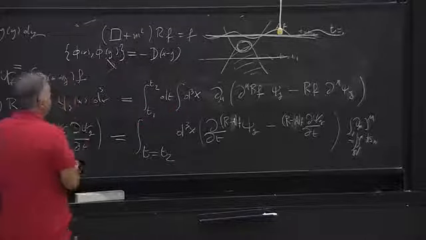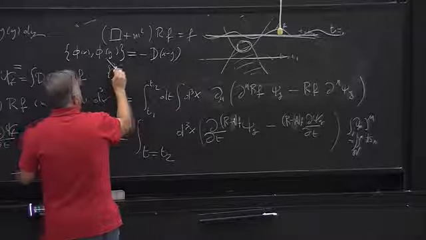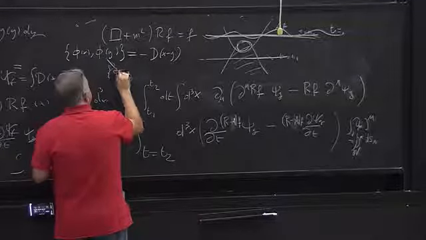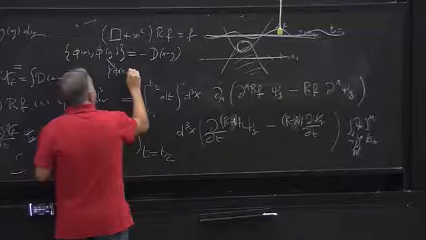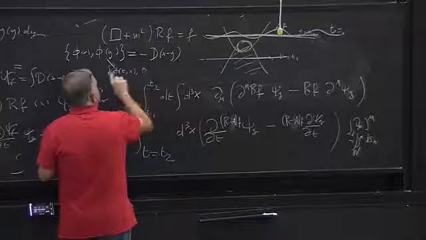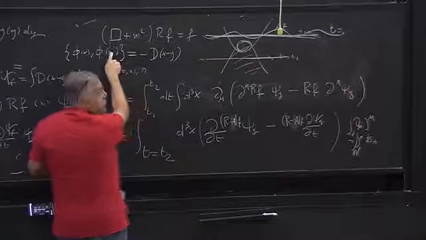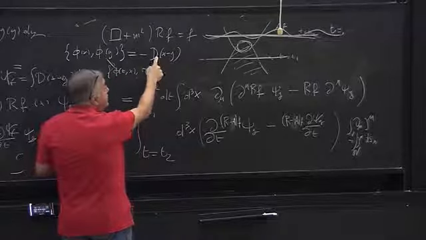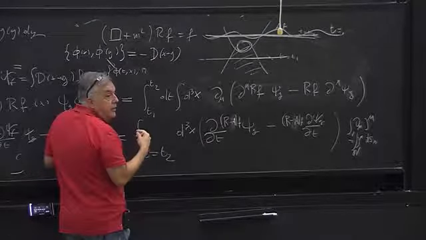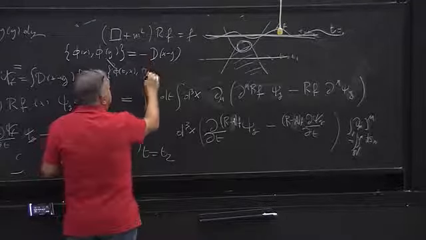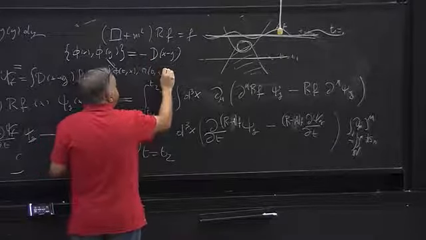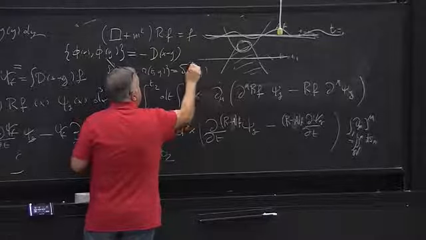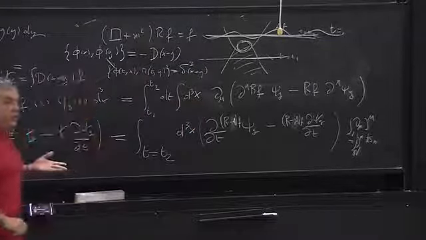Why minus? Because when you want to do equal time Poisson bracket, you take the derivative with respect to the second argument. And since the derivative with respect to time of E is delta, the minus sign guarantees that you have this Poisson structure here. This is three-dimensional, okay?